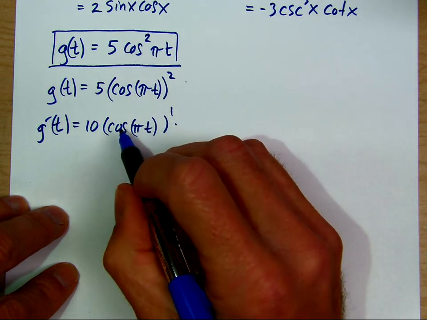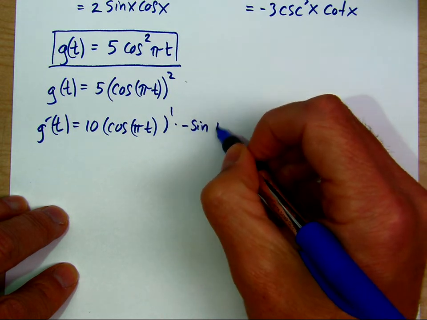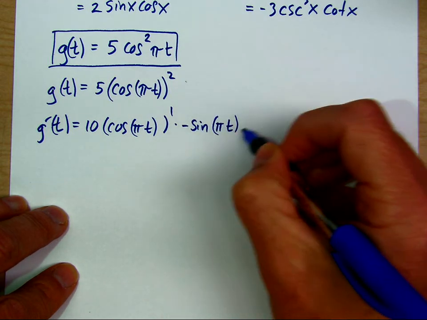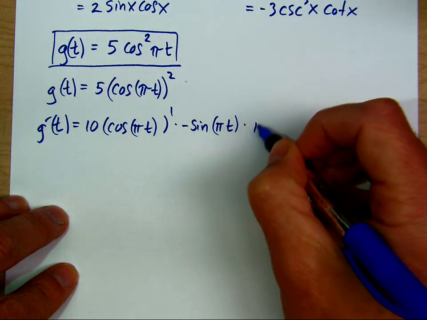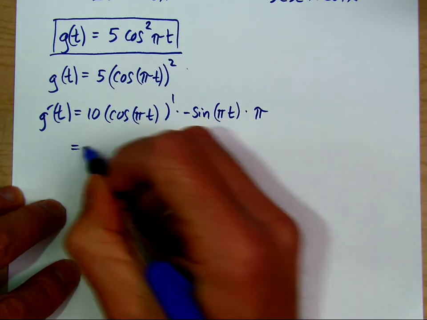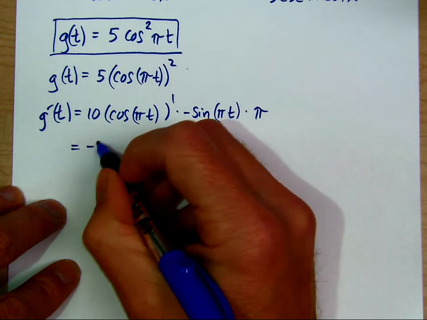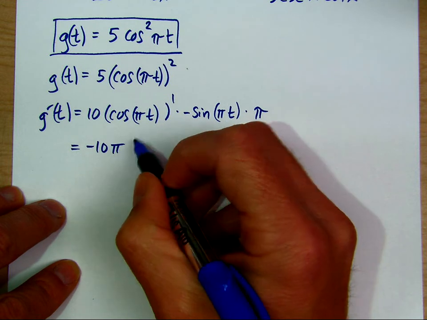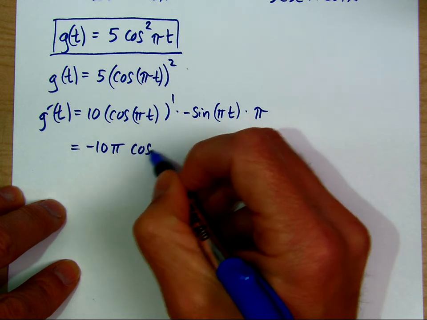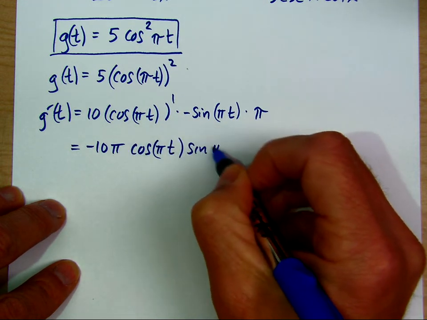So we're going to do the derivative of the outside, leaving the inside the same, and then the derivative of the inside. So we have negative 10 pi cosine pi t sine pi t.